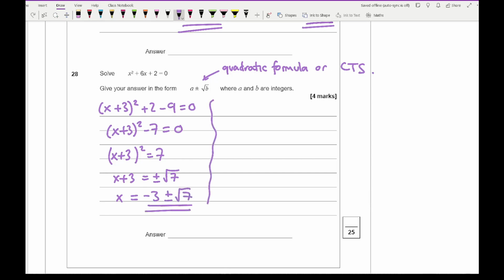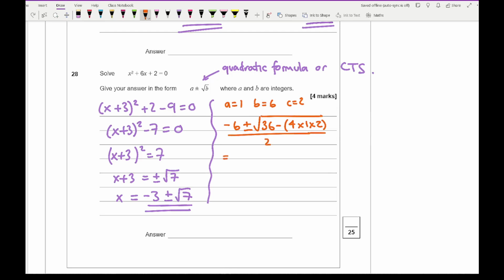Now if I did use the quadratic formula, basically a equals 1, b equals 6, and c equals 2. So if I substitute those numbers in, I get minus 6 plus or minus the square root of 36 minus 4 times 1 times 2, all divided by 2 times 1.